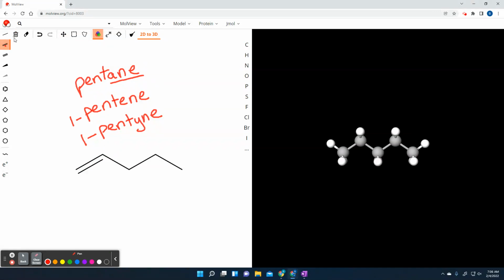If I create a different compound, or don't even really have to create a different compound, let's just adjust where that double bond is. Now we've moved the double bond over between carbons 2 and 3. So we would have to call this a 2-pentene.